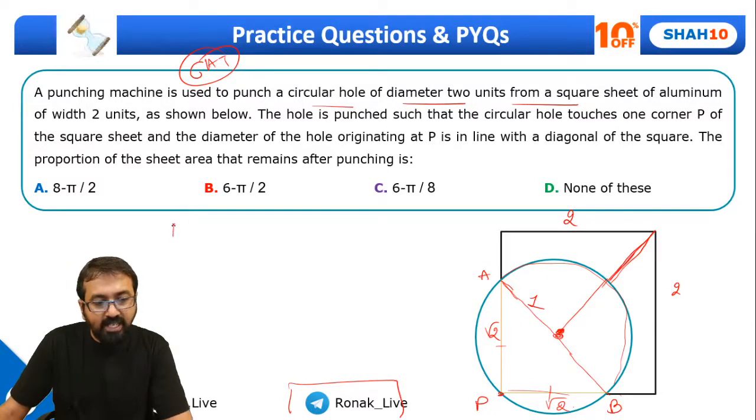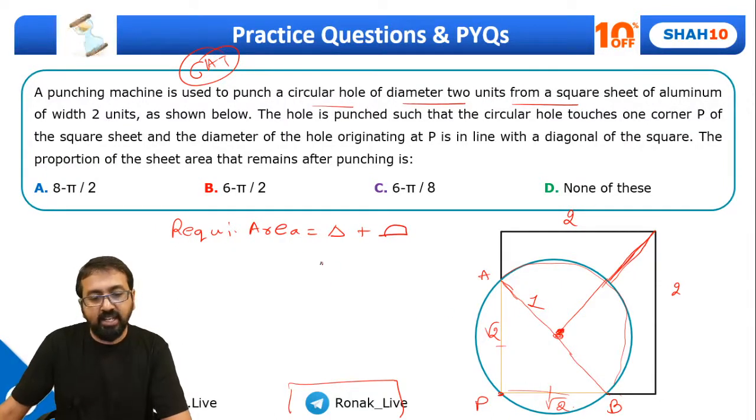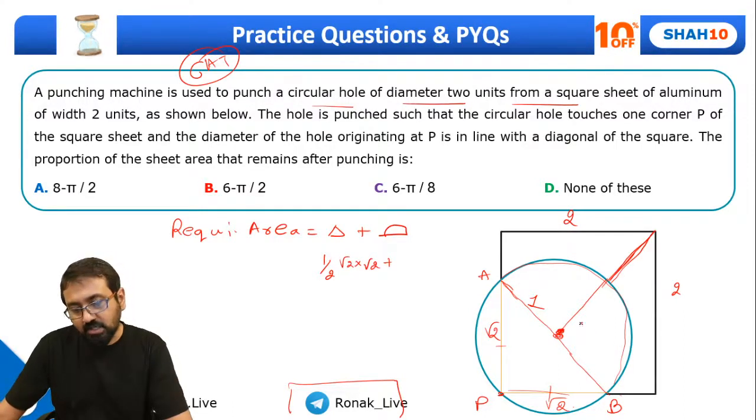So the cutout area is equal to triangle area plus semicircle area. What is this triangle area? 1/2 base into height, that is 1/2 into √2 into √2, plus what is this semicircle area?